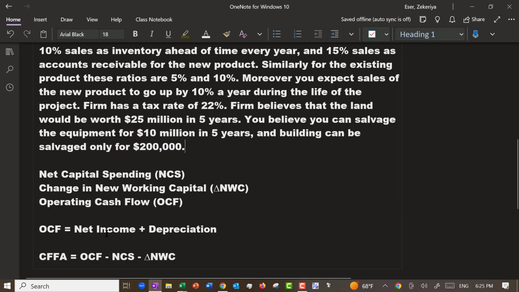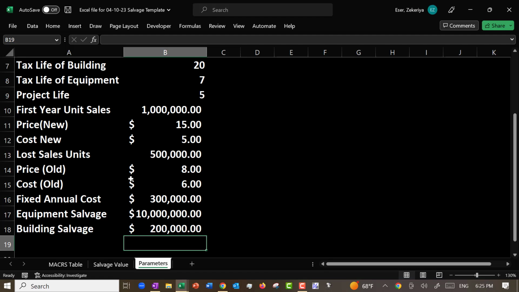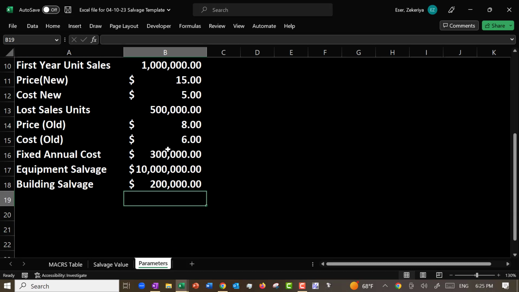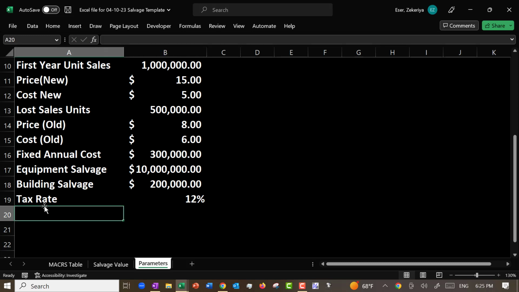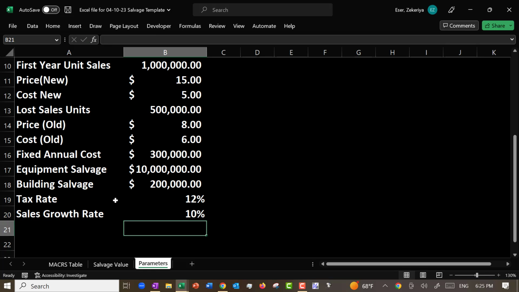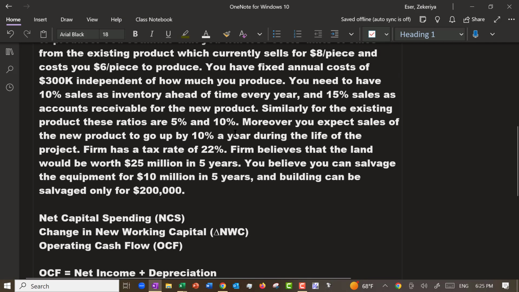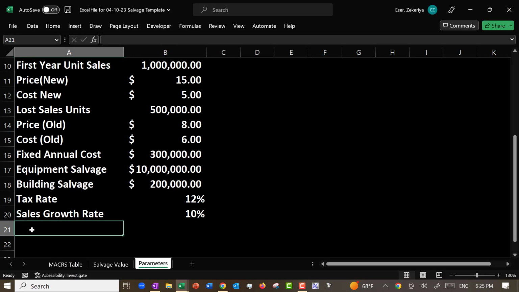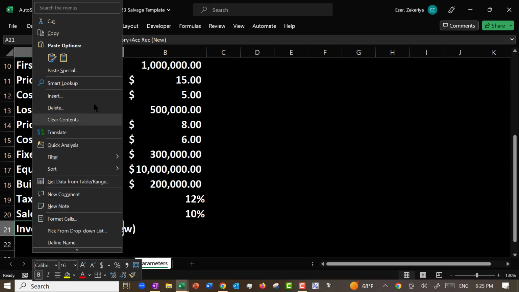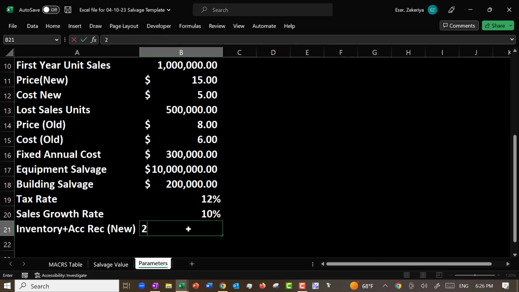12%. Sales growth rate, 10%. You need 25% of the sales for the new products in what you want to call working capital.